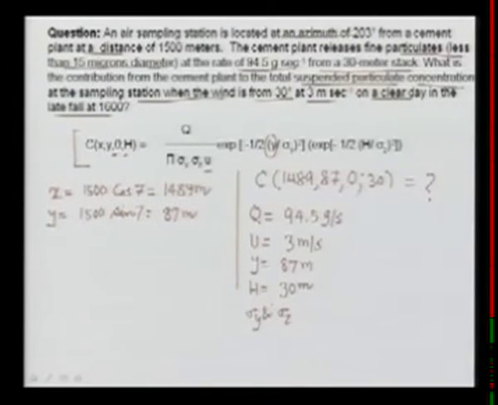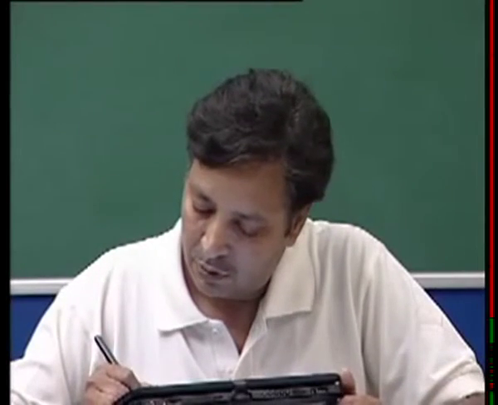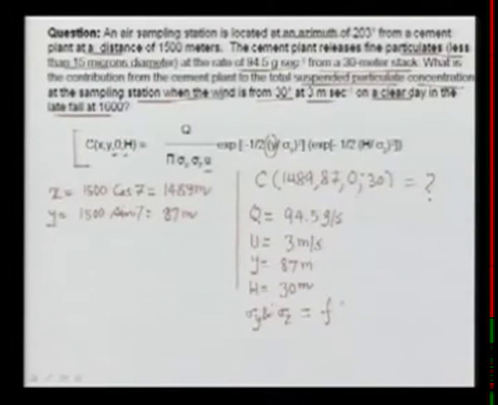But if you recall, when we had developed the Gaussian model, you will recall sigma y and sigma z both are functions of downwind distance x and stability, and stability was the indicator of what? Stability was the indicator of atmospheric turbulence.